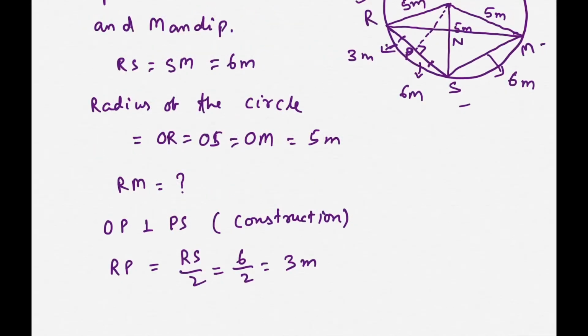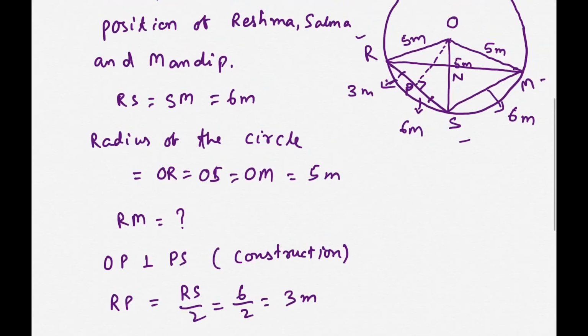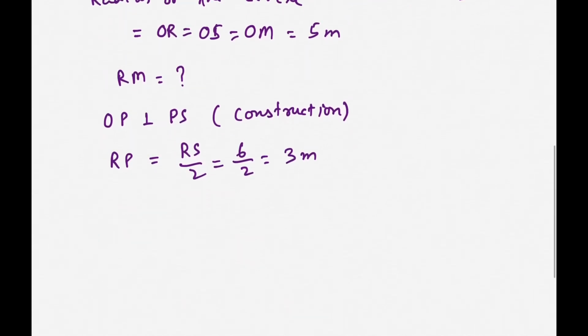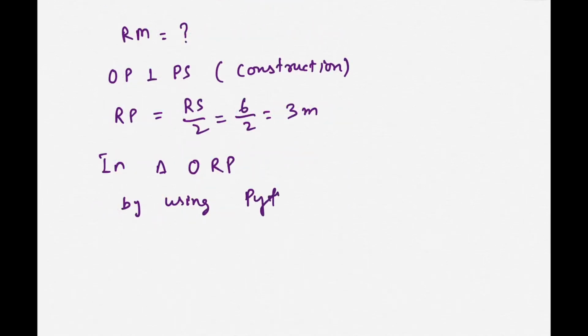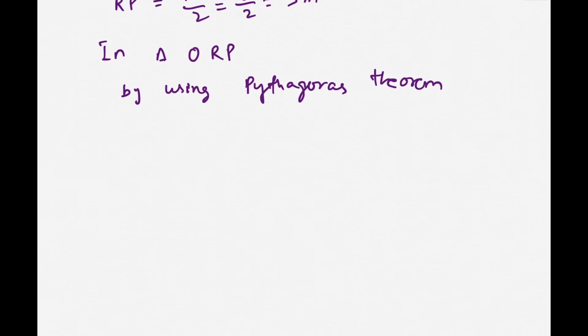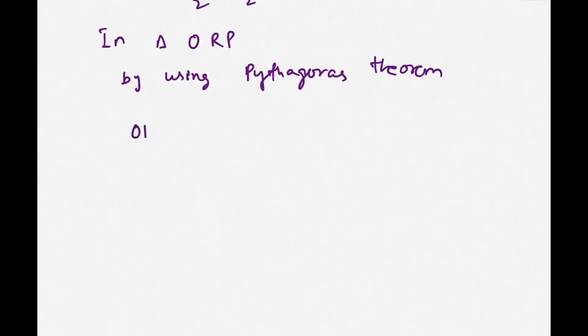Now, once we find the value of RP, we can find the value of OP, okay, by using Pythagoras theorem. So, in triangle ORP, by Pythagoras theorem, we have OP square is equal to OR square minus RP square.